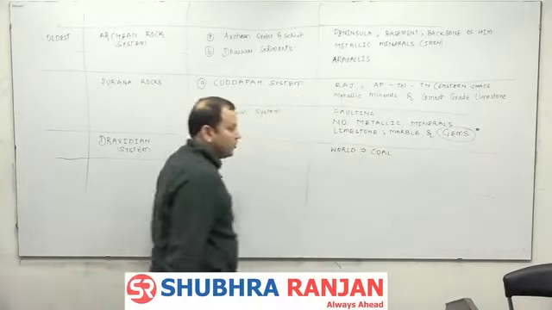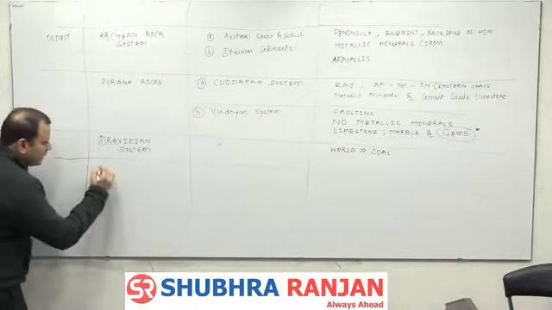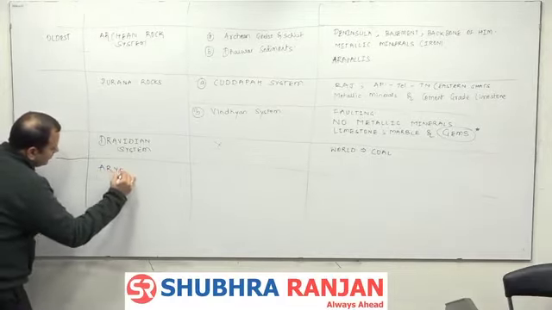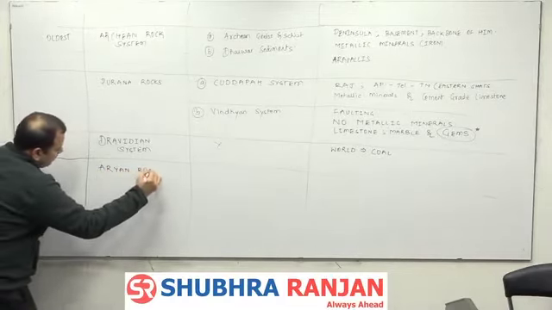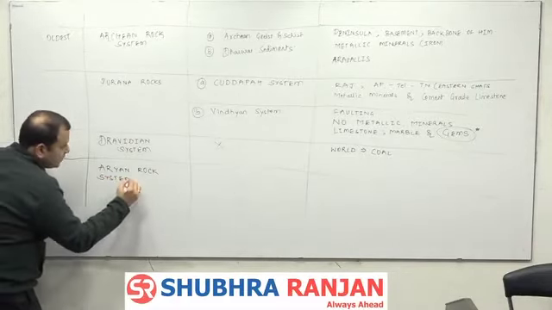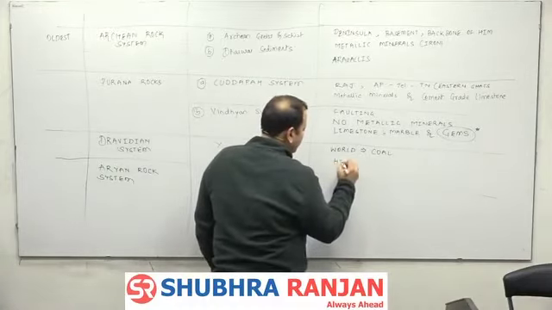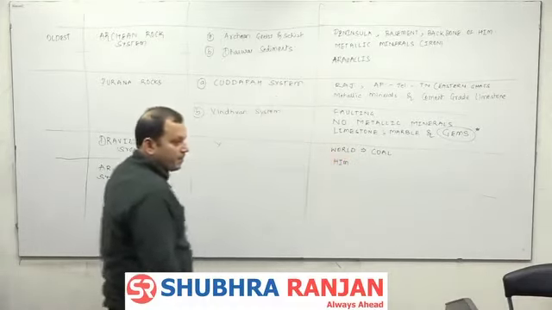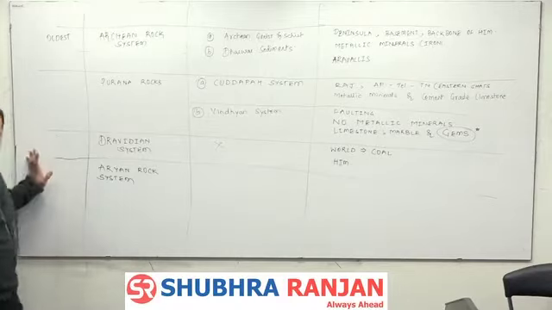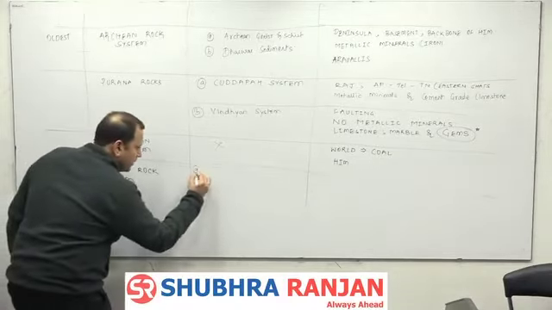But the best quality coal, that is the Carboniferous coal. Then after that we have the Aryan rock system. Remember, the Dravidian system is present only in North India, and that too basically in the Himalayas. Tertiary coal is there, and then we have the Aryan rock system.